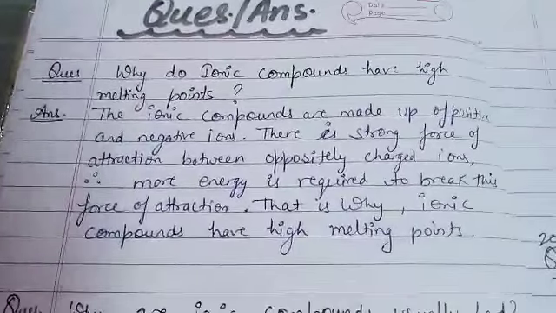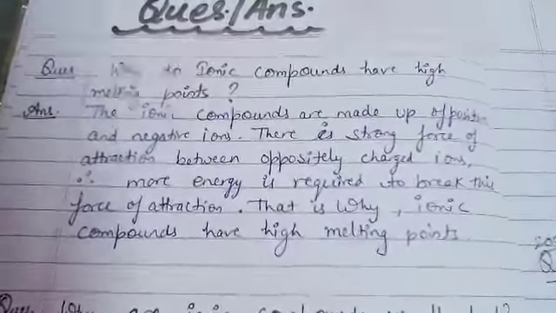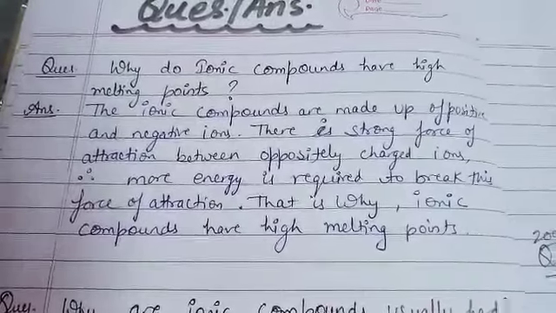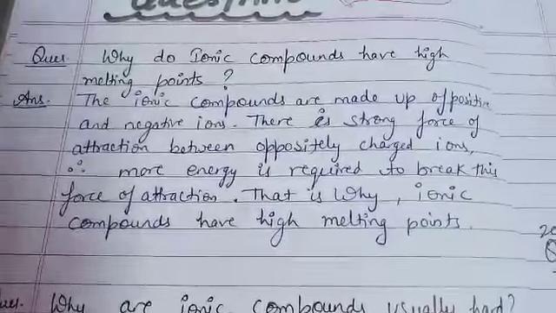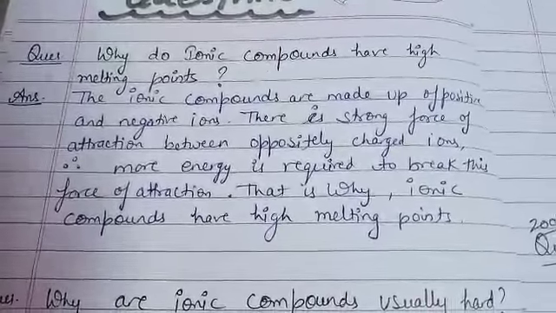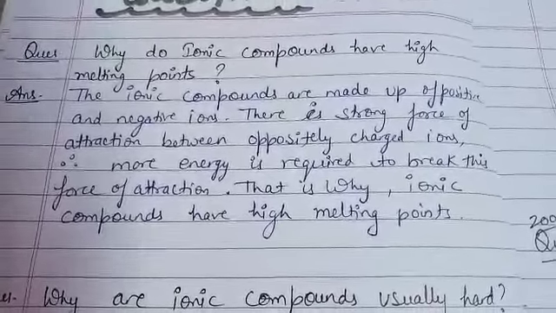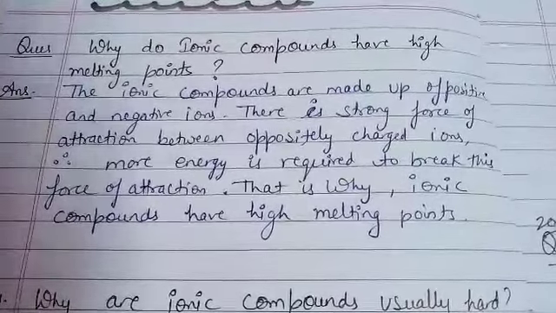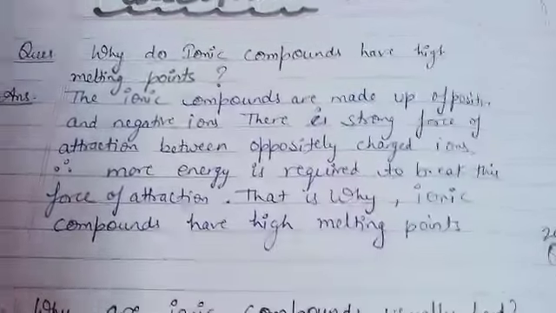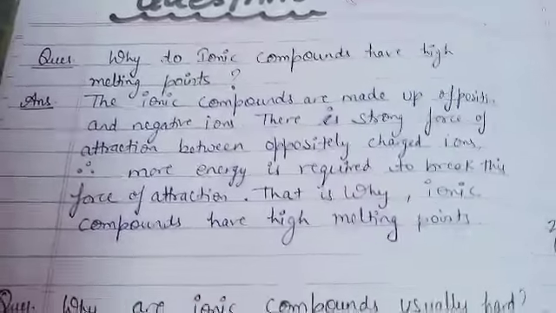So when ionic compounds are formed by two opposite charges, positive and negative, when they combine together, the force of attraction is very strong and more energy is required to break the bond. That's why the melting point in case of ionic compounds is high.